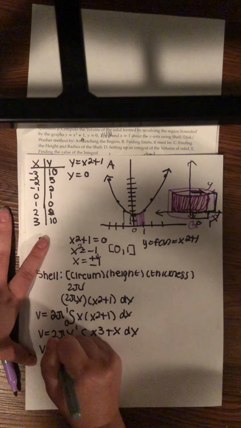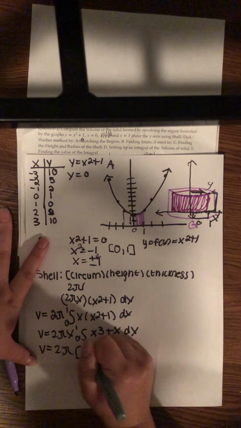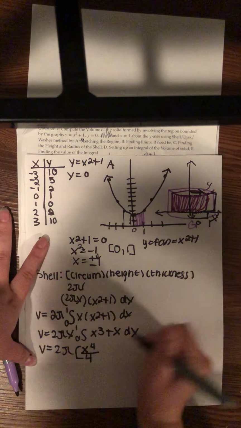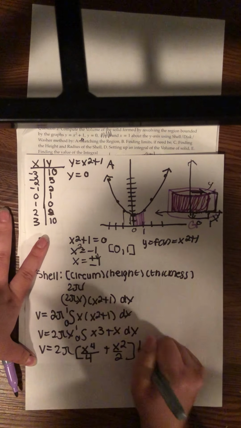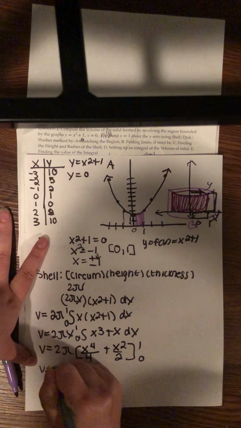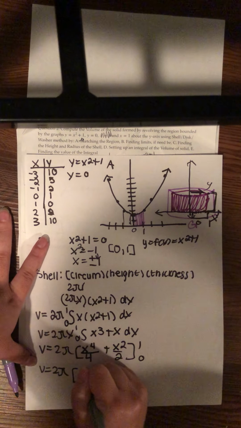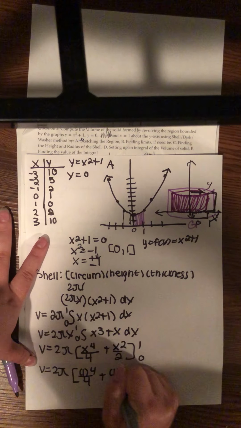So V, now we're ready to integrate. To integrate, we do the exponent plus 1 over the value of the exponent plus 1. So 3 plus 1 is 4. And we do the same for the x. And now we just plug in our values to finish the integration. So 1 to the 4 over 4, plus 1 squared over 2.